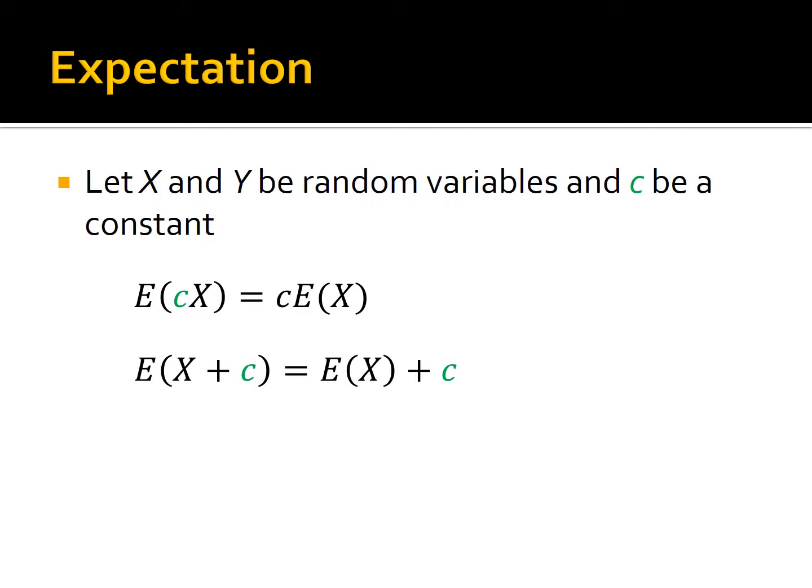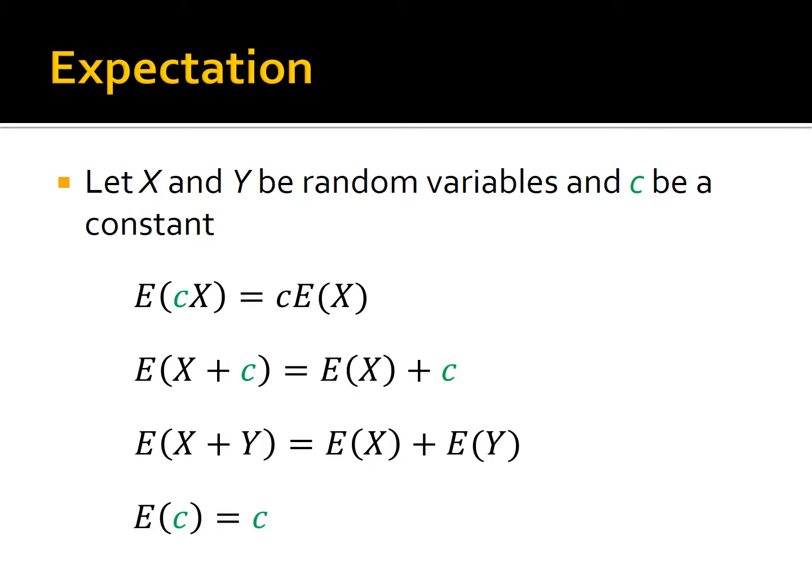The expected value of x plus c equals the expected value of x plus c outside the parentheses. And the expected value of x plus y, you can just distribute into the expected value of x plus the expected value of y. And finally, the expected value of a constant is a constant.